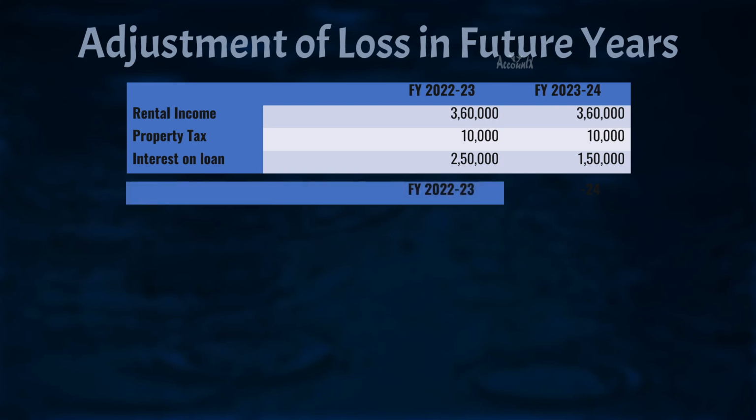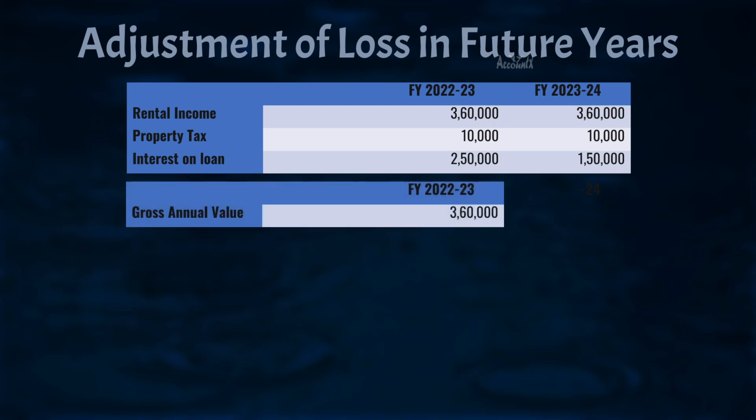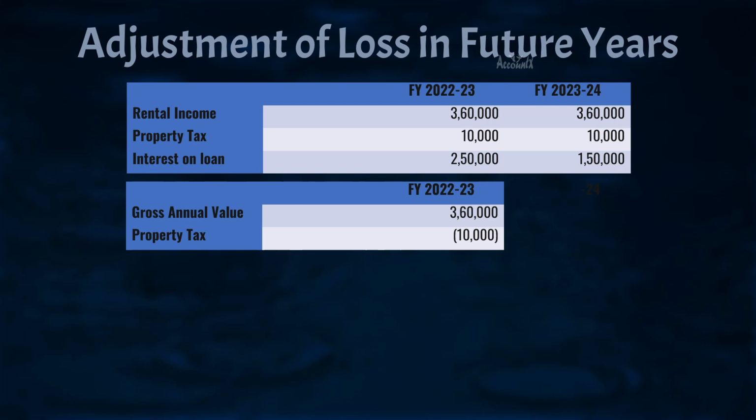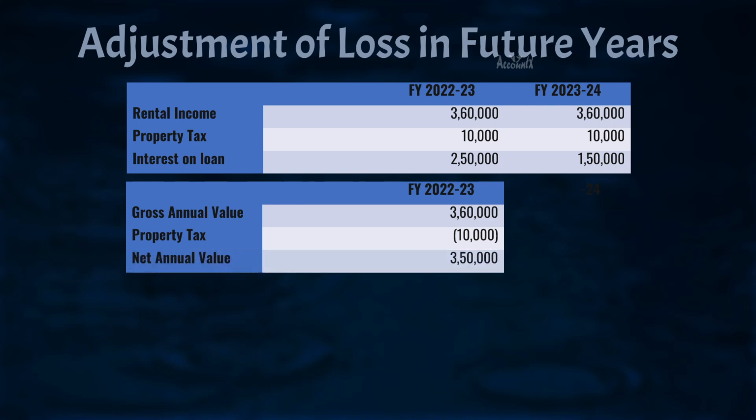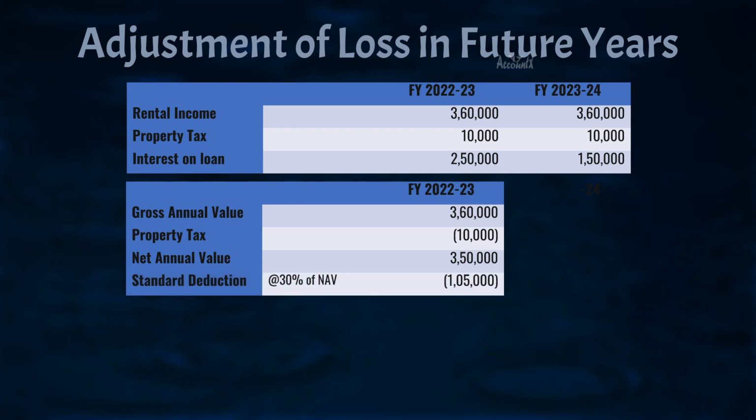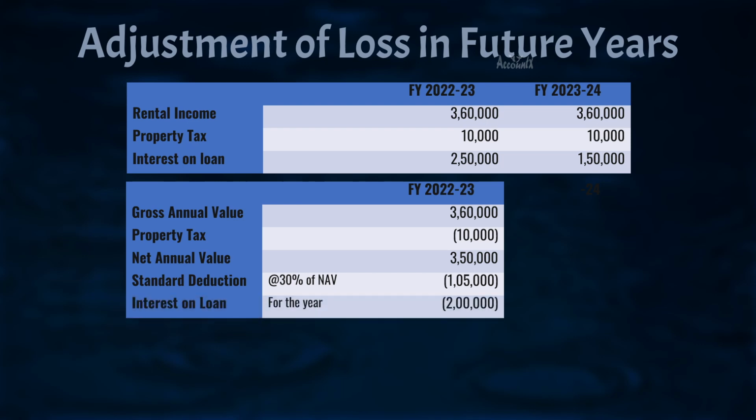Now for financial year 22-23, gross annual value would be 3.6 lakh, that is your rental income. Let's reduce property tax of 10k from this to get net annual value of 3.5 lakh. Then we have standard deduction at 30% of NAV, which is 1,05,000 here. Then we have interest on loan.